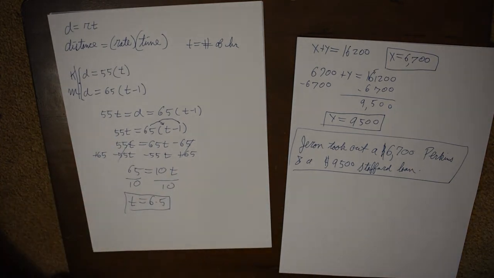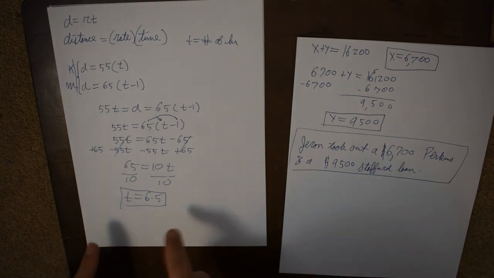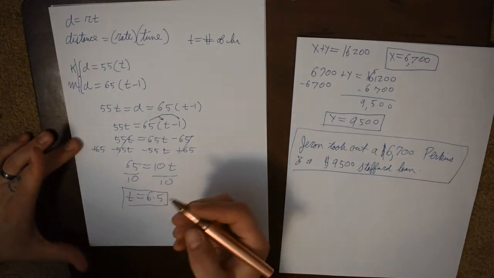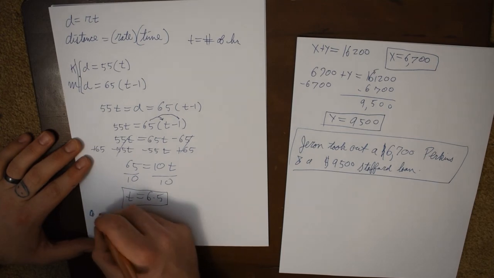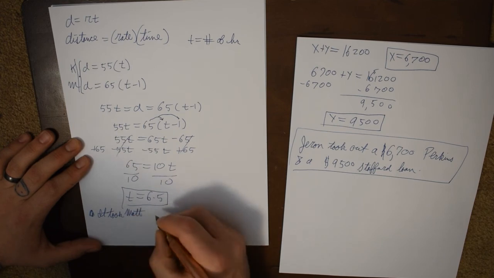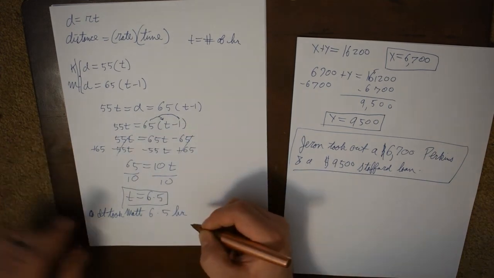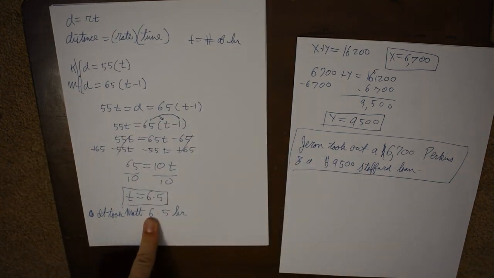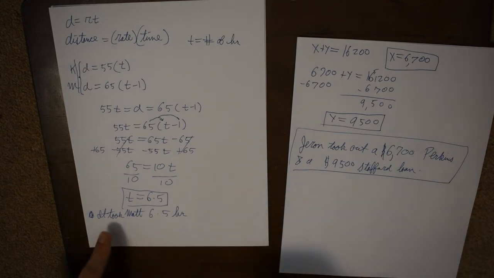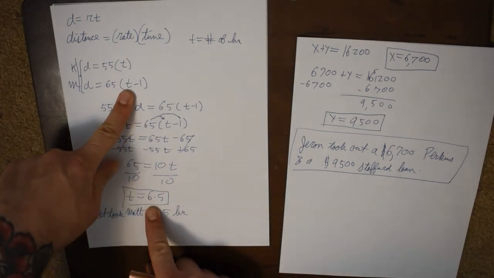That's wonderful. We've come up with a beautiful number, but we need to say what this means in the context of the problem. So our final answer would be a statement kind of like, oh, it took Matt 6.5 hours. Well, you have to be careful what T actually means. The amount of time that Matt was driving was actually T minus 1.